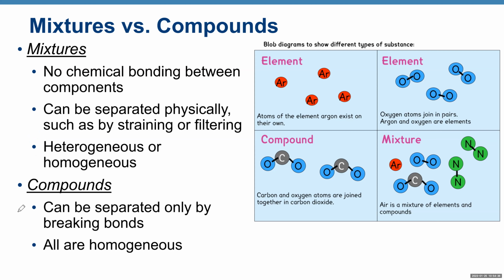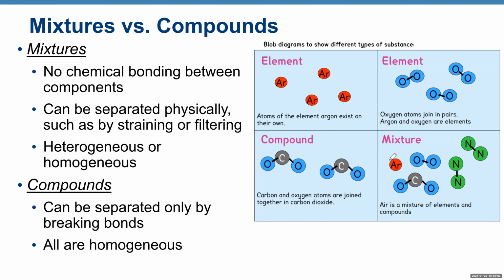Compounds can be separated only by breaking bonds, and all are homogeneous. So here we have examples. We have elements, where atoms of the element argon exist on their own, or oxygen atoms that join in pairs. So both argon and oxygen are elements.